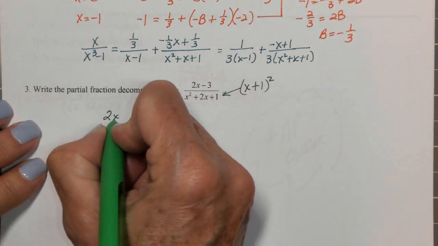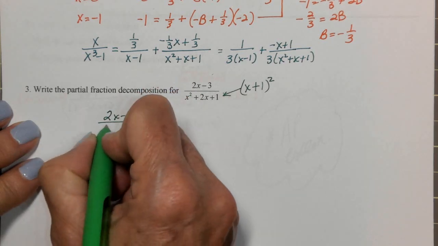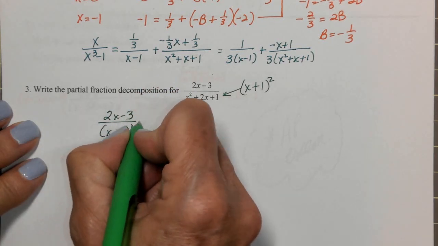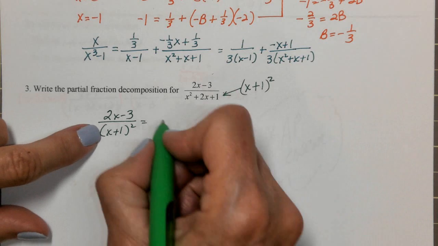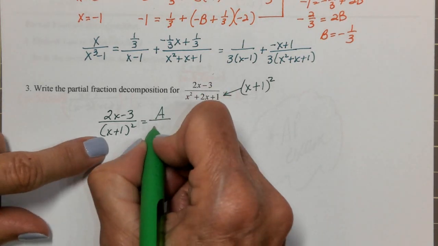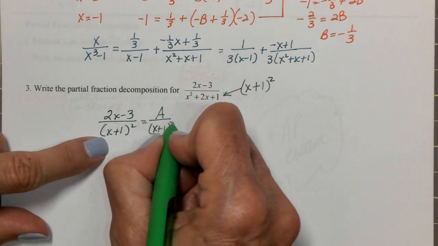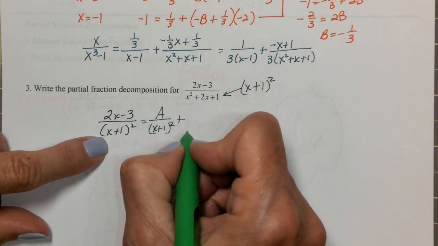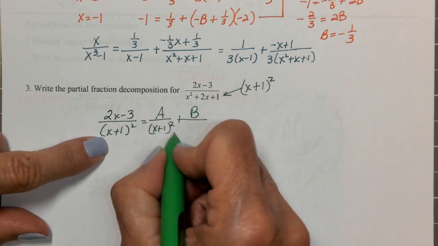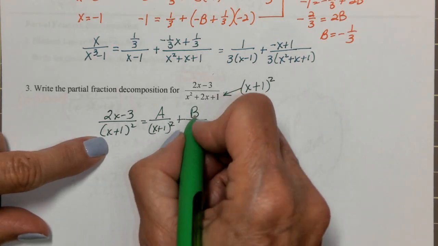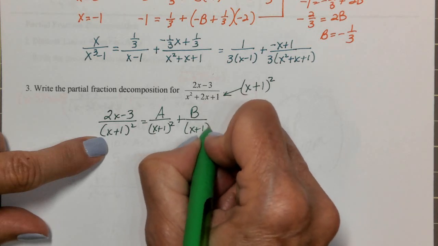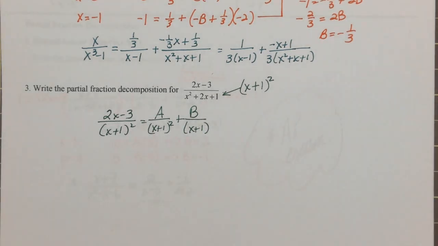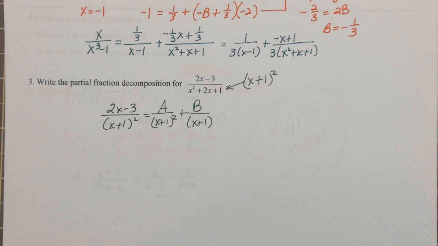So I have 2x minus 3 divided by x plus 1 squared. So a over x plus 1 squared plus b over the single factor. Those are the possibilities.